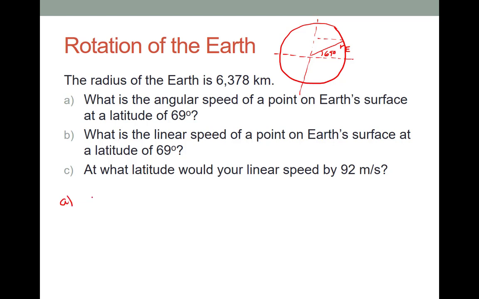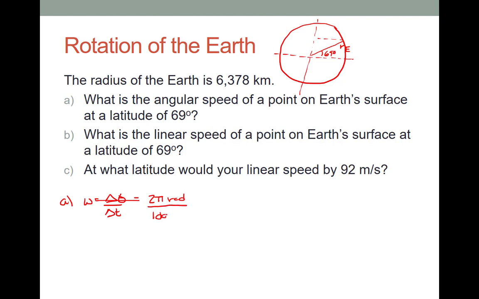The angular speed of the Earth, well, that is the change in position over time. In 1 day, the Earth rotates through 2 pi radians, and you must work in radians when working with angular position.